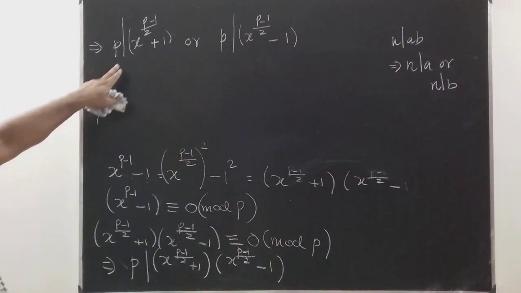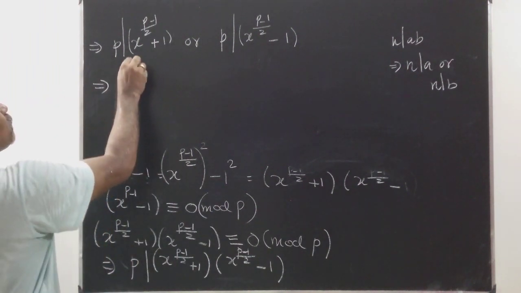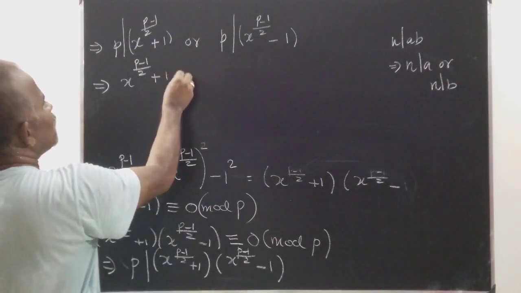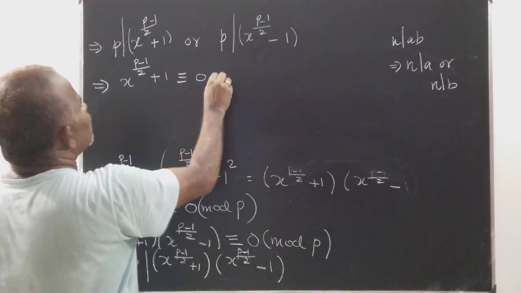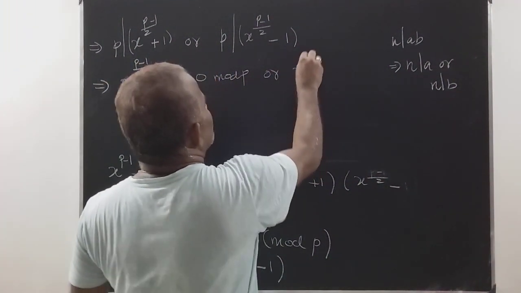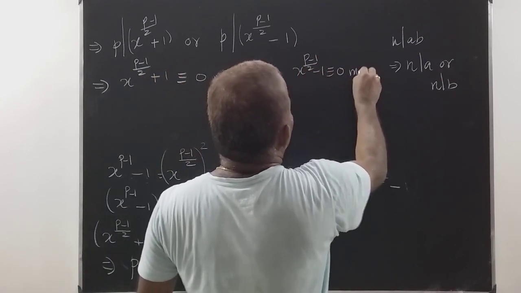So x power p minus 1 by 2 plus 1 is congruent to 0 mod p, or x power p minus 1 by 2 minus 1 is congruent to 0 mod p.